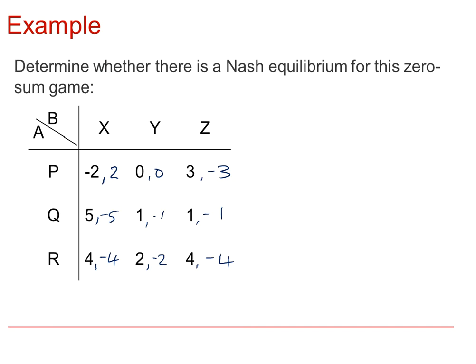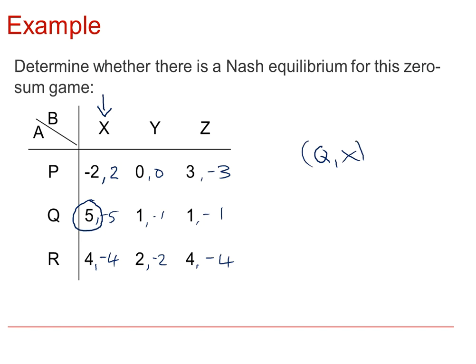So then, let's have a think about what A would do if B was going to play X. Well, I think A would choose a strategy of Q and try and win 5.